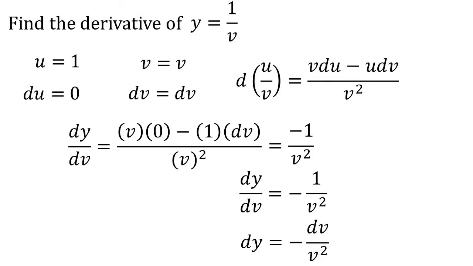So it is equal to negative dv over b squared, or negative db over b squared. So it's the same as what we obtained in the first illustration. So this is actually the proof of rule 7, which is the derivative of a reciprocal.